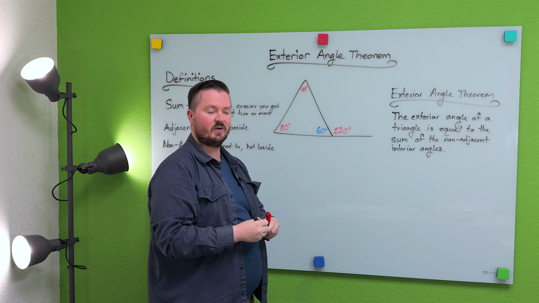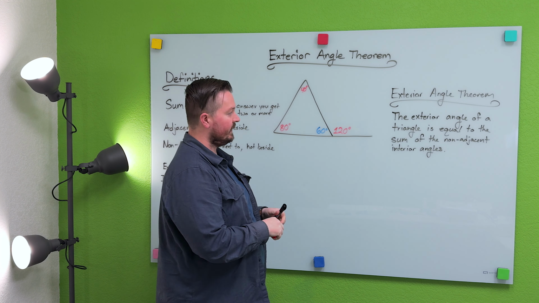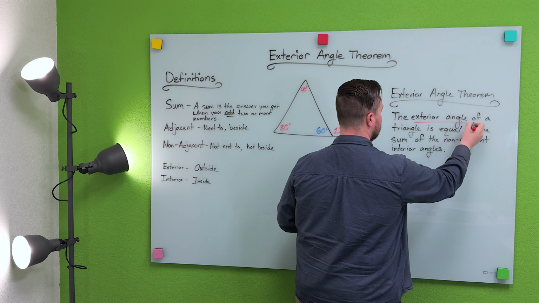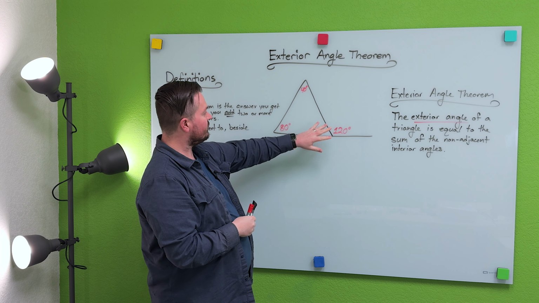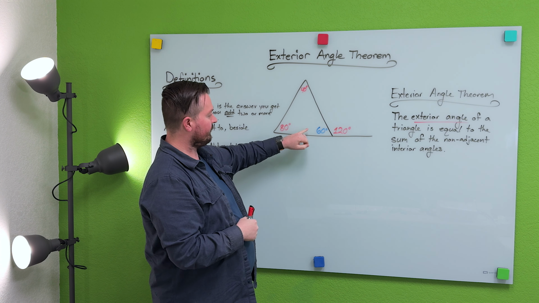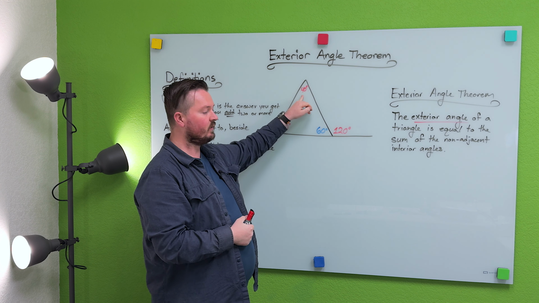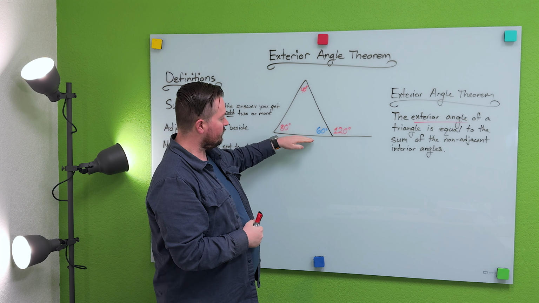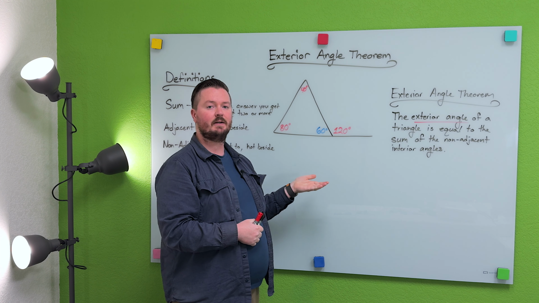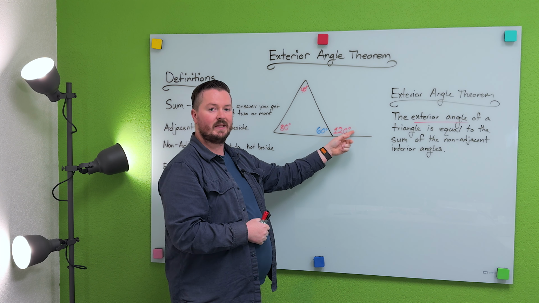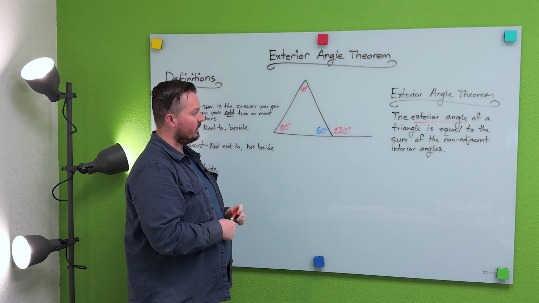So we have quite a bit to break down. So the exterior angle of a triangle. Here, if we look at this triangle, notice there are three angles on the inside of the triangle. Then we've extended one side of the triangle, and here there's one exterior angle, so an angle on the outside of the triangle.